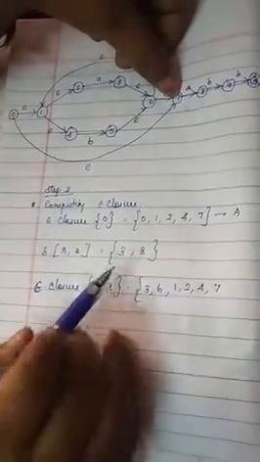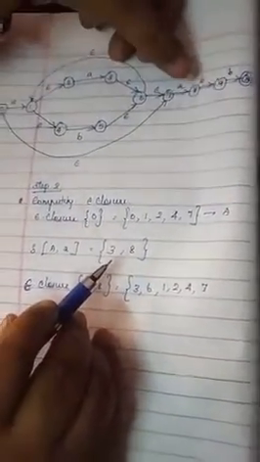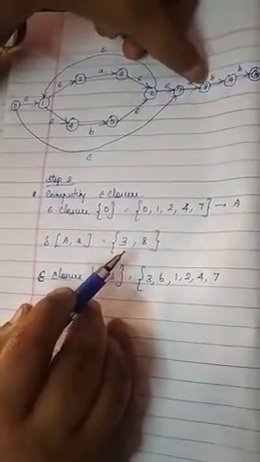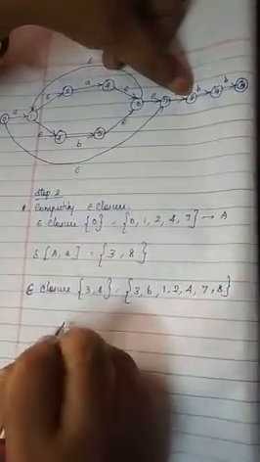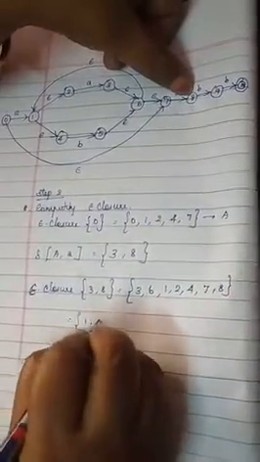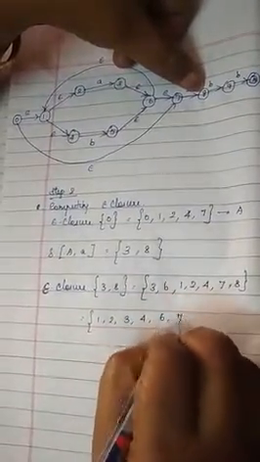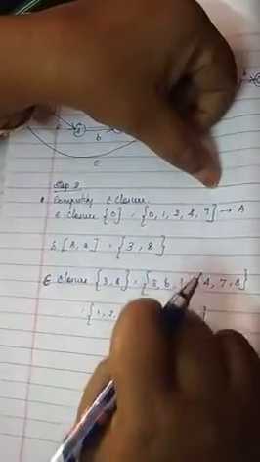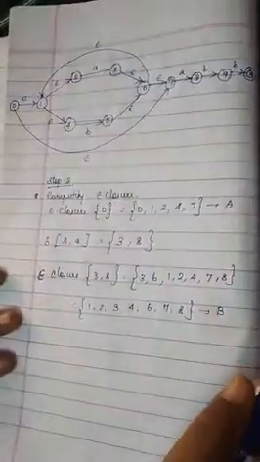And we also have state 8. From state 8 we don't have any transitions, but we should include the initial state, so I am including 8. Sorting in ascending order for easy reference: 3, 4, 6, 7, 8. Since this is a different set from A, I name it B.